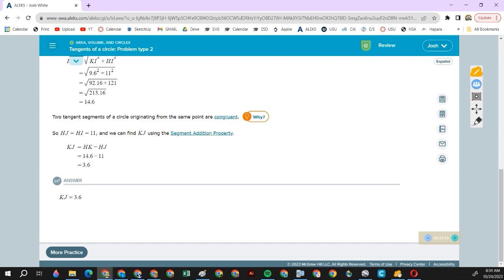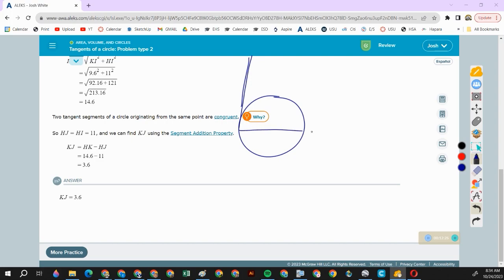Oh no, I lost it. Oh shoot, sorry guys. Let me redraw it. So this was 11. This was 14.6. And this was, no, this was 9.6.